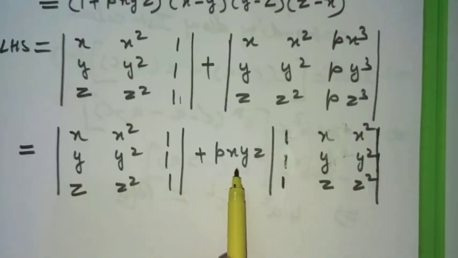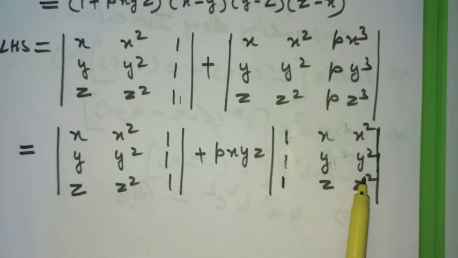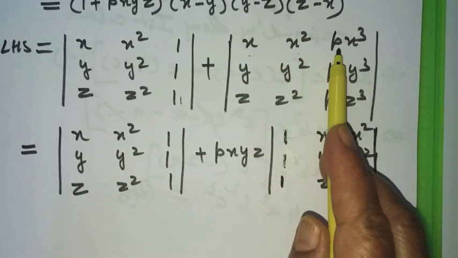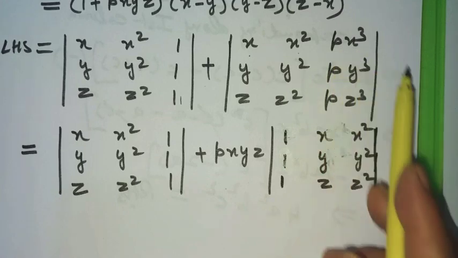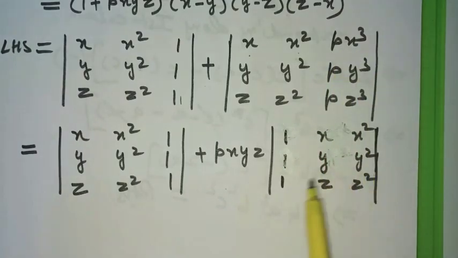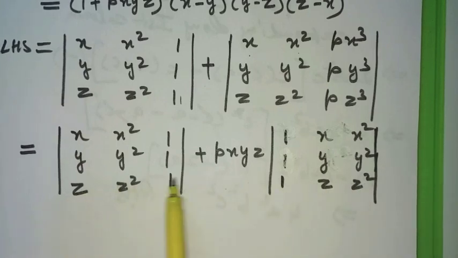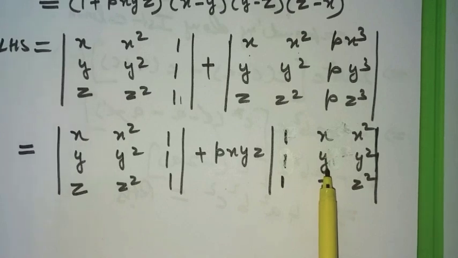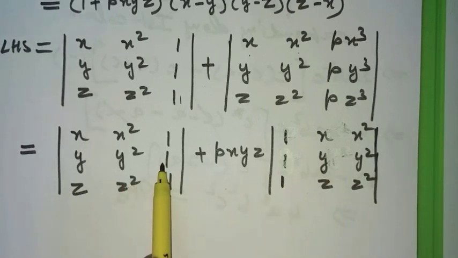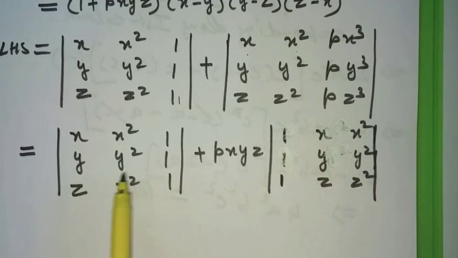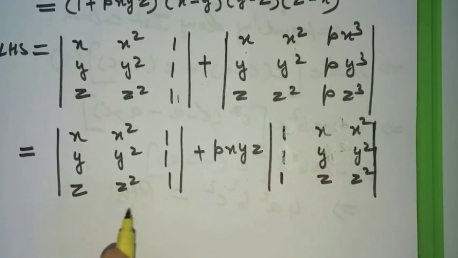So we get this determinant, x common, so this is 1, this is x. From here px is common, so we got x square, and so on for second row and third row. Now I can see that these two determinants can be made equal by making some change in the order of columns in the first determinant or in the second determinant. So let me change the order of columns in the second determinant.